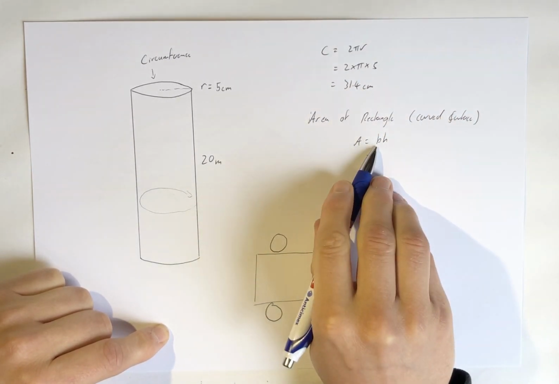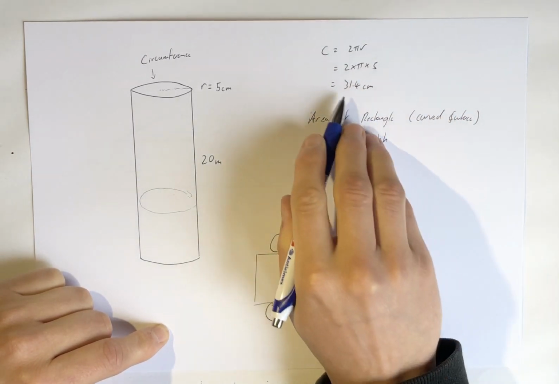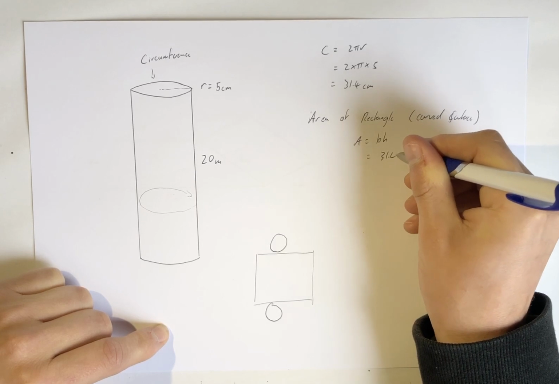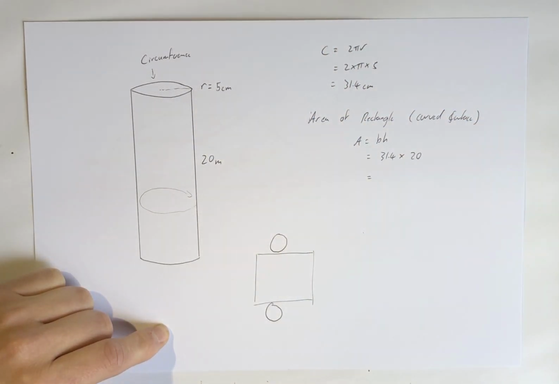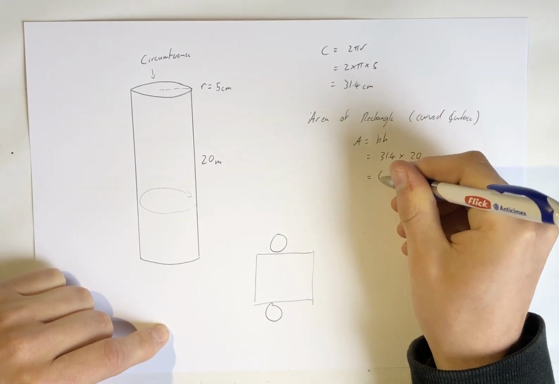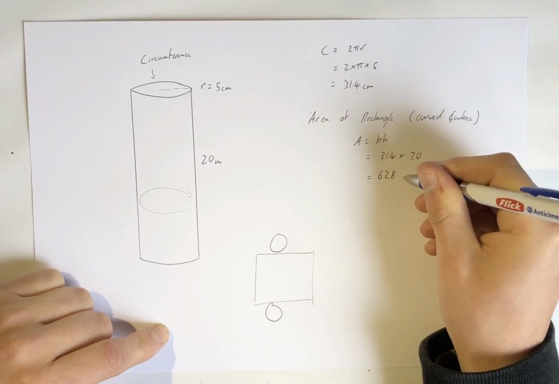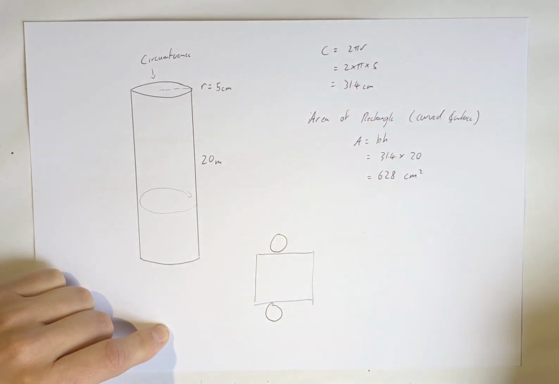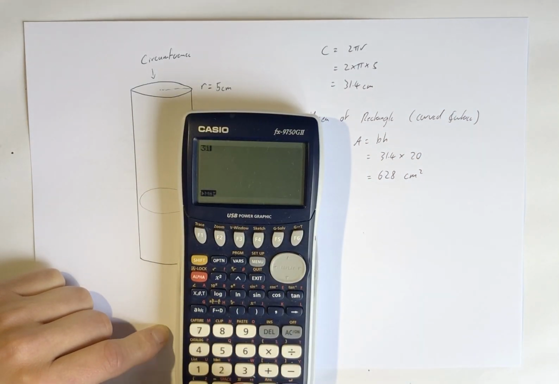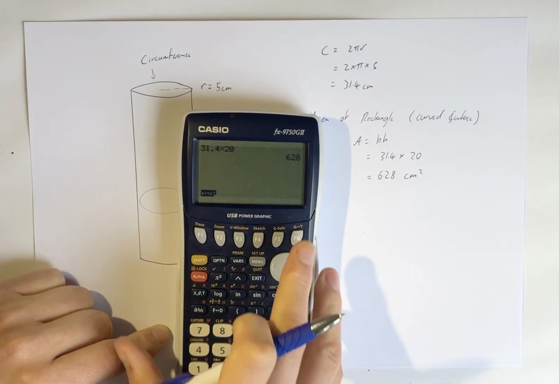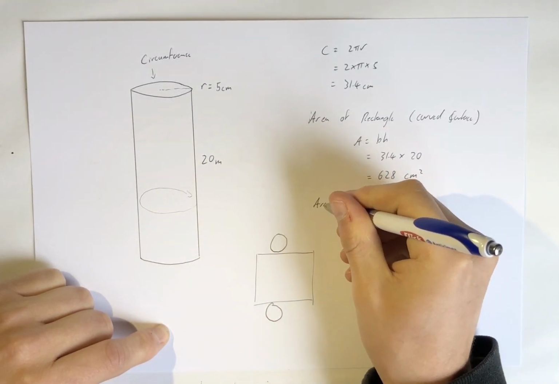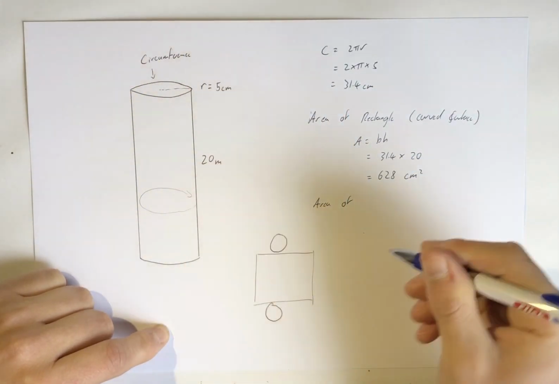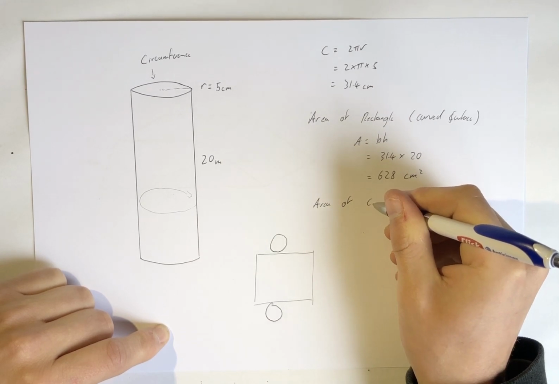Well, its base is actually 31.4, and we times that by its height of 20. So that might be 628 centimeters squared. 31.4 times 20, 628 centimeters squared.